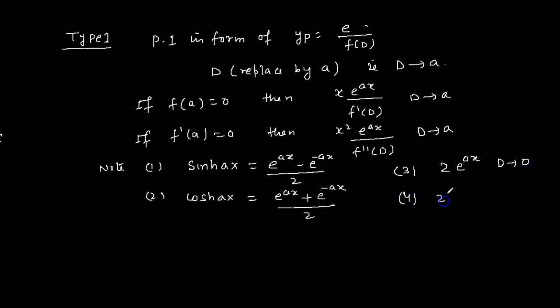And if something like 2 to the power of x is given, you can write it as e to the power of log 2 into x, so here D is replaced with log of 2. If you get right-hand sides of this type, also consider them as type 1. Yes, write this one also because this is important. Questions will come in this pattern.